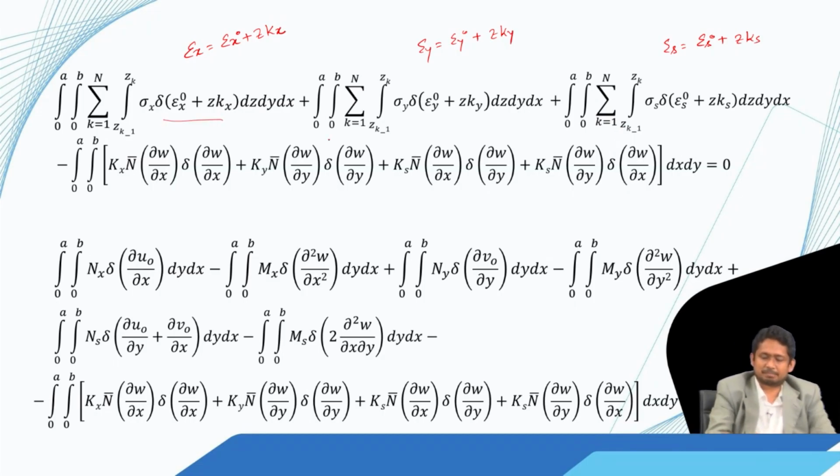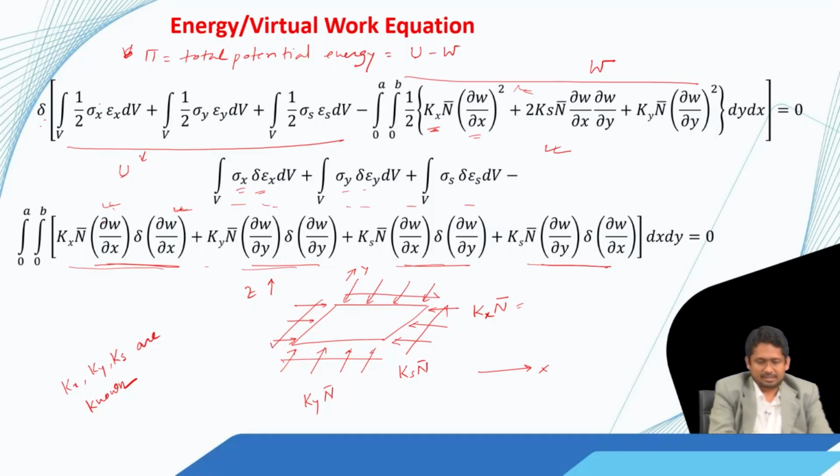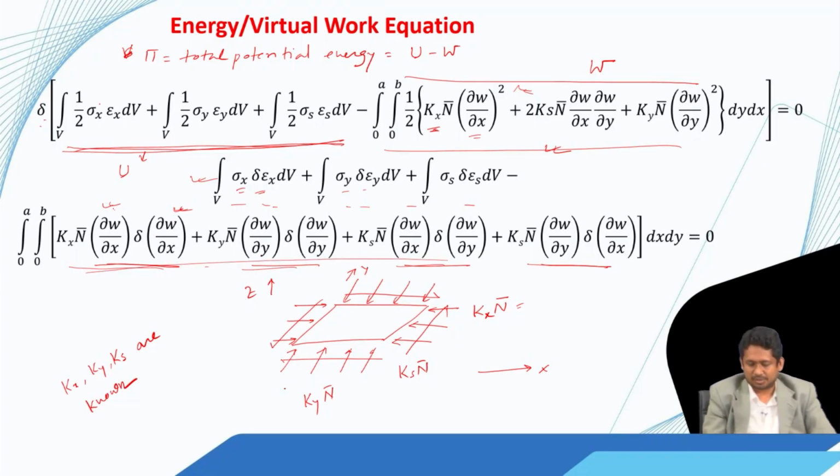So, we have replaced epsilon x, epsilon y and epsilon s in terms of epsilon x 0, y 0, s 0, and kappa x, kappa y and kappa s. In this expression, the first term is the volume integral, and these are the surface integrals. Similarly, this is the volume integral and these are the integrals over the surface. Here x ranges from 0 to a and y ranges from 0 to b.